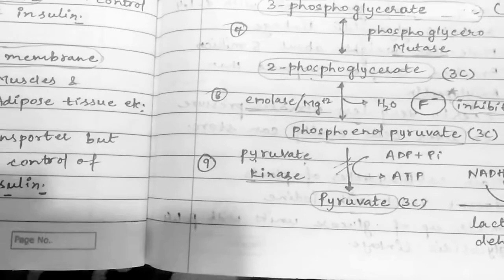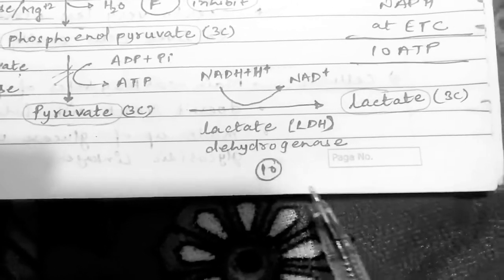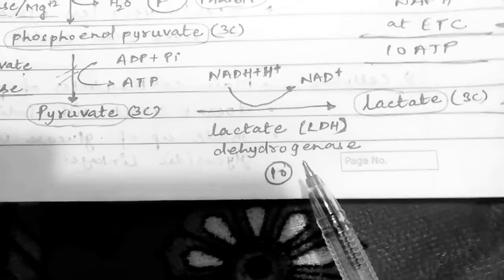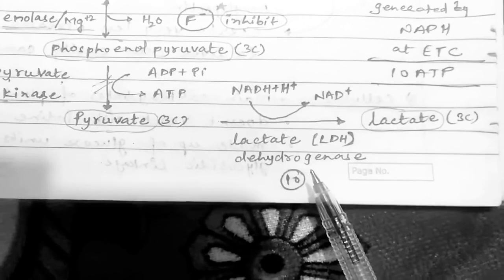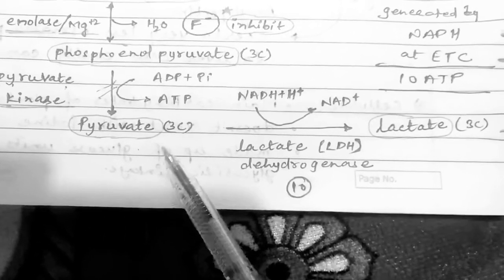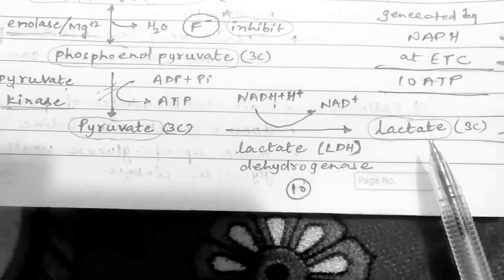So pyruvate always forms in the presence of oxygen, and when oxygen is absent in our body or in the cytoplasm, what takes place? In the anaerobic condition, or lack of oxygen, this step will take place: pyruvate gets converted into lactate.